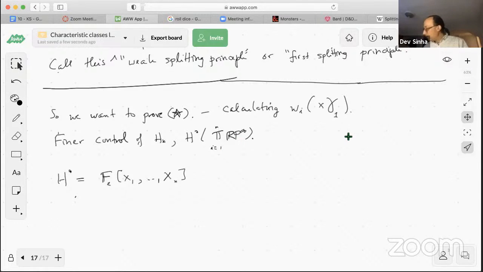And what we're going to do is also think about the homology.